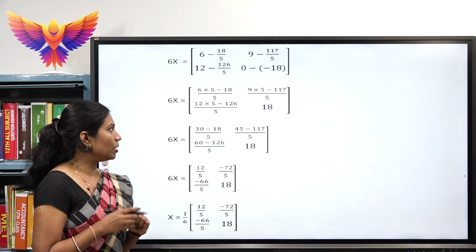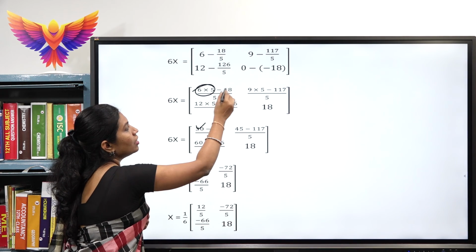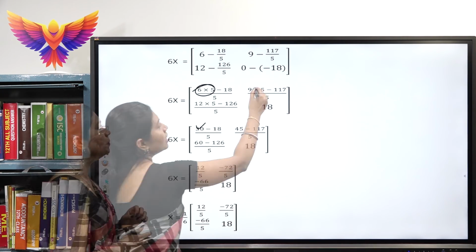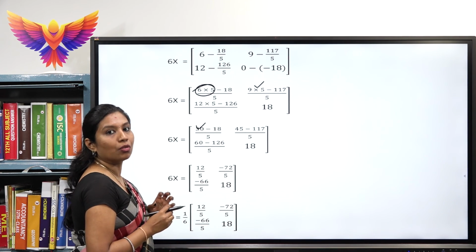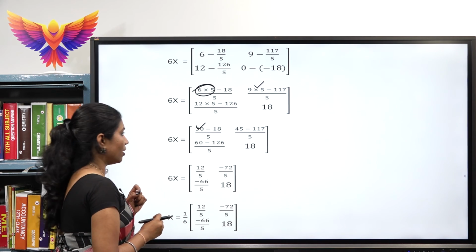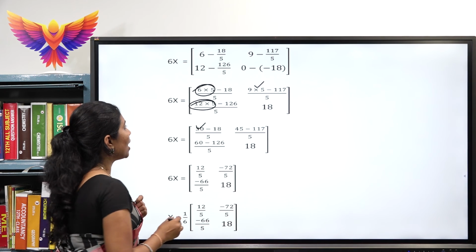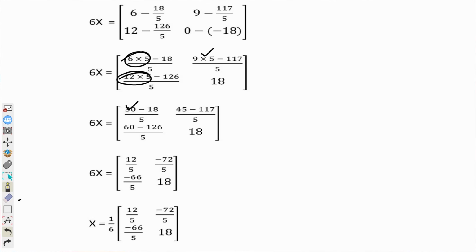When I simplify this further, we know that 6 into 5 is nothing but 30, 30 minus 18 divided by 5. 9 into 5 is 45, minus 117 divided by 5. Then 12 into 5 which is 60 minus 126 divided by 5 and the last one is 18 here.